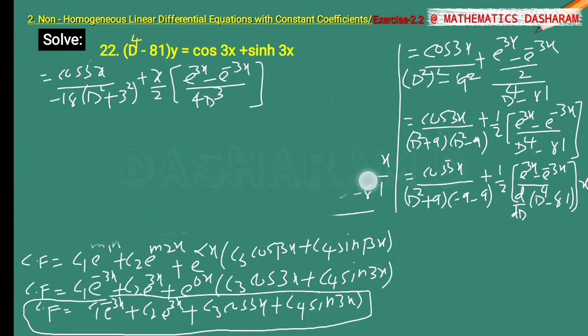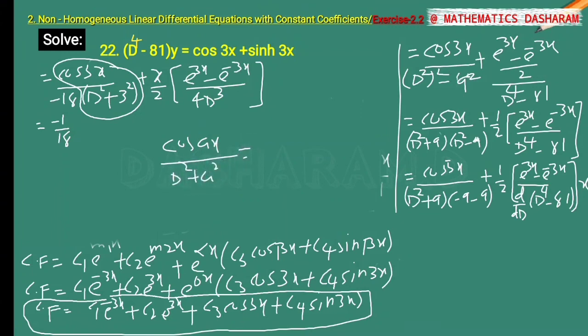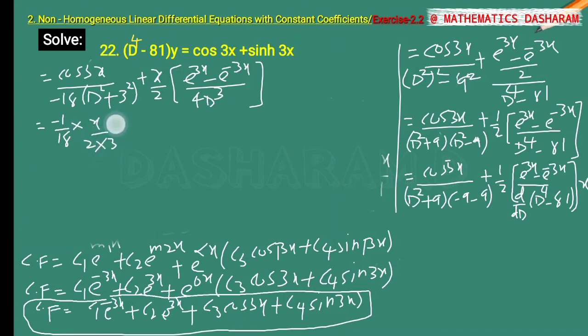Now split into two fractions, e to the power of 3x by 4D cube minus e to the power of minus 3x by 4D cube. So it is equal to minus x by 2, 3 sixes are 18, 18 into 6 is 108. So 108 into sin 3x plus x by 2 into e to the power of 3x by 4 into, substituting D equals to 3, so 3 cube, minus e to the power of minus 3x by 4 into minus 3 whole cube.